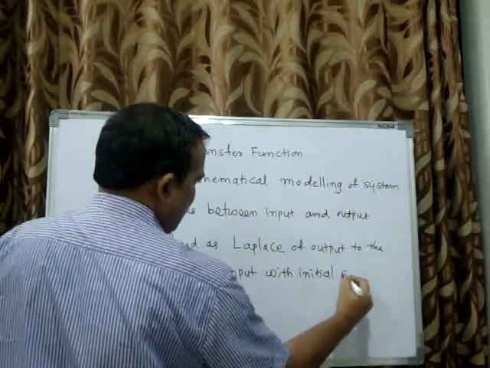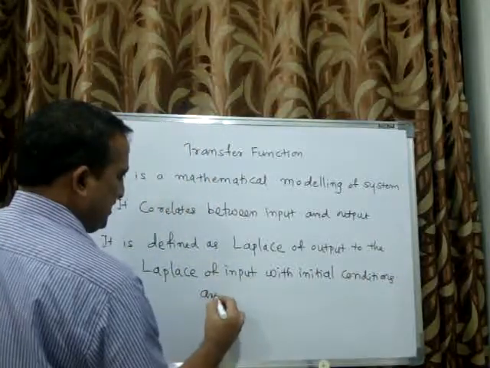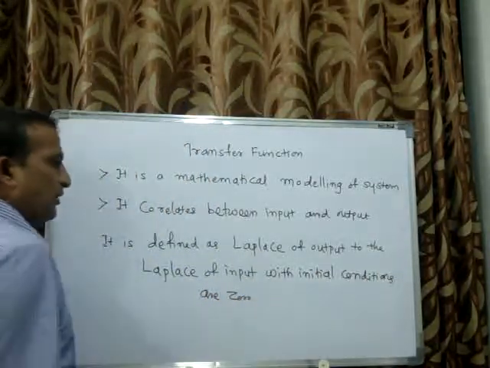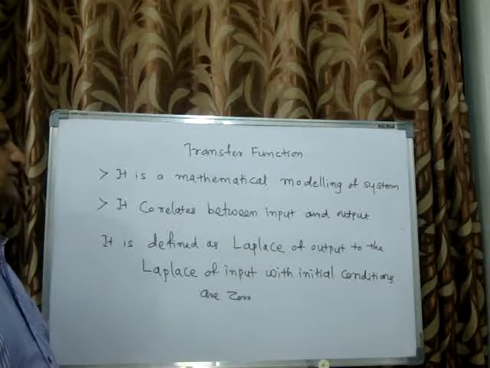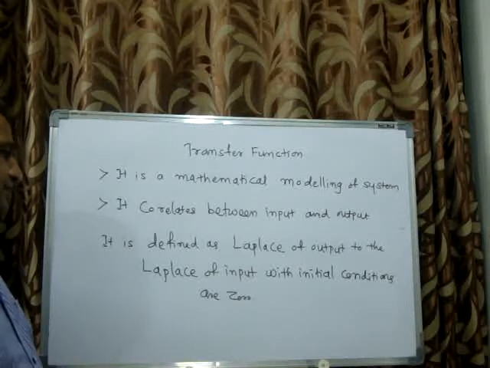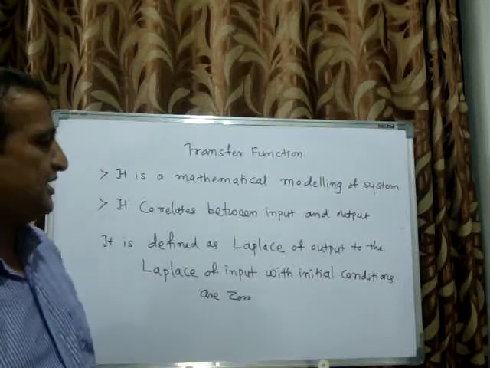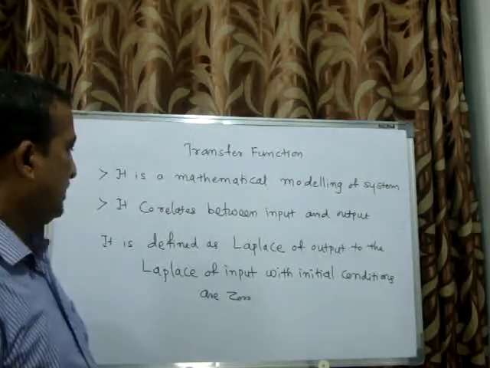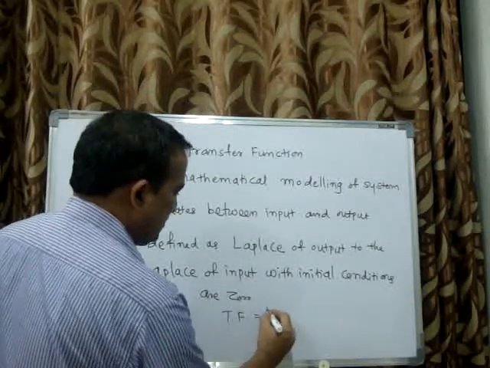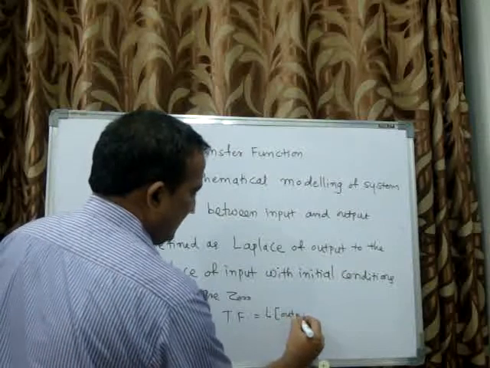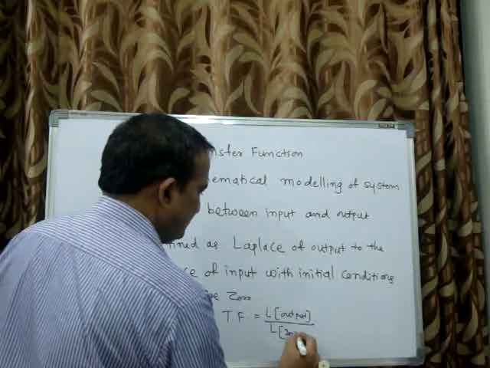If we consider initial conditions, then the transfer function becomes complex. So at the ease level, the initial conditions are 0. Now I will explain: transfer function is equal to Laplace of output divided by Laplace of input.